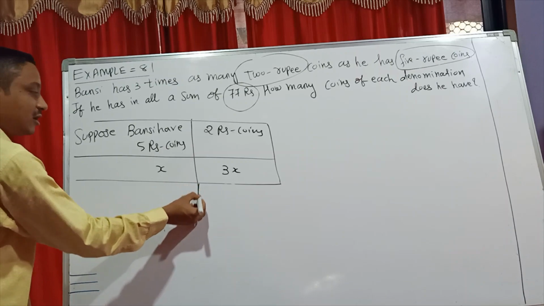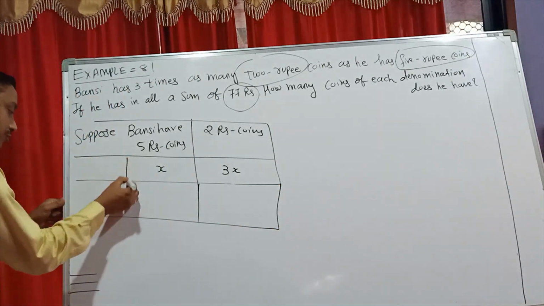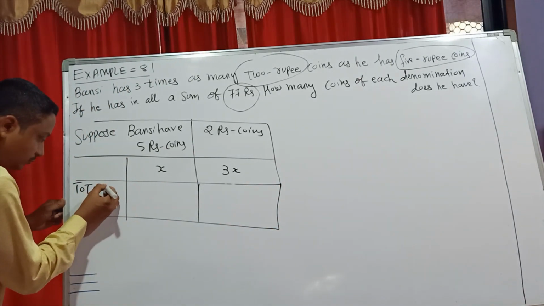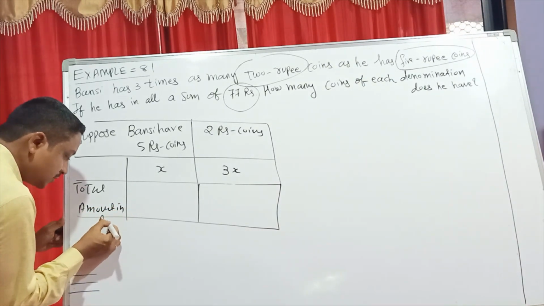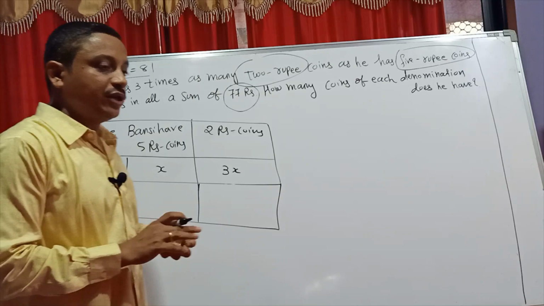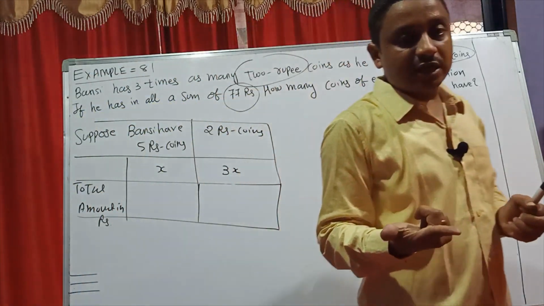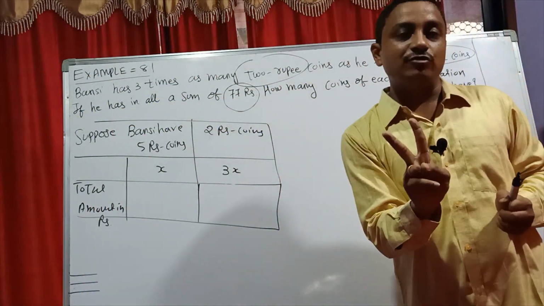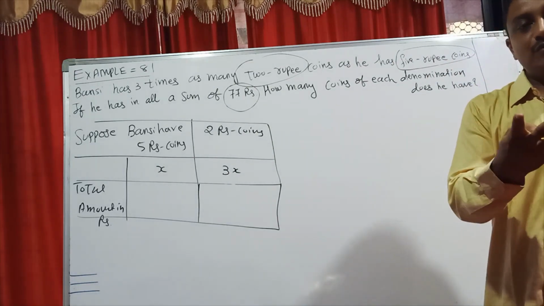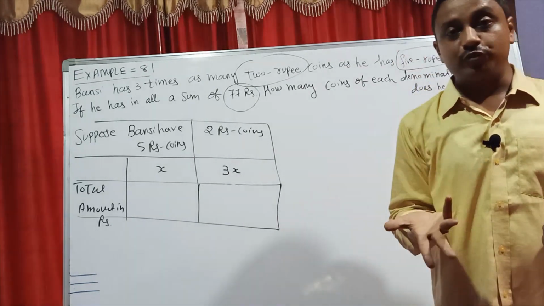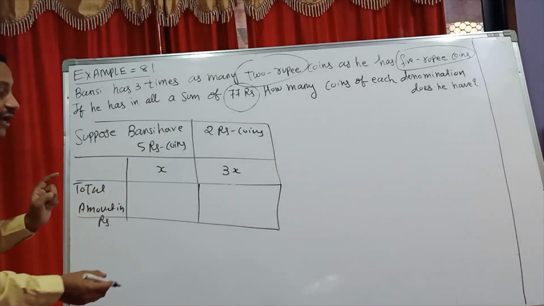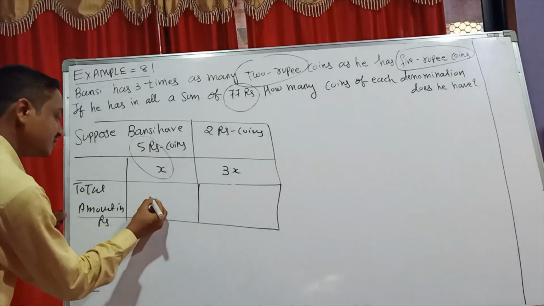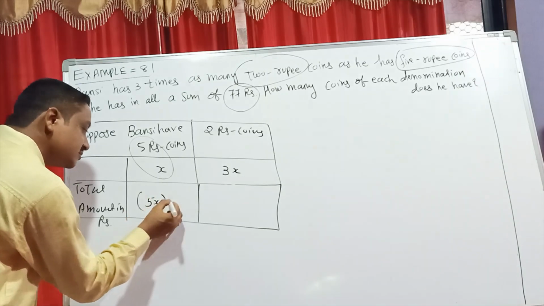So students, here I just create the total amount in rupees. Generally you know if the 5 rupees coin is 1, it is 5 rupees. If the 5 rupees coins are 2, then how much? It is 10 rupees. If 5 rupees coins are 3, how much? 15 rupees. It means you multiply. So here I multiply x and 5. It is 5x rupees.